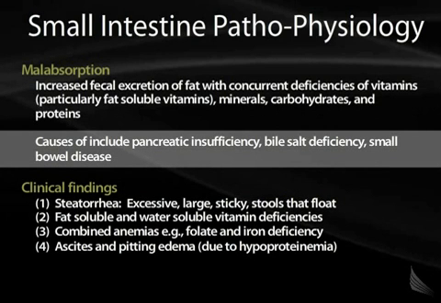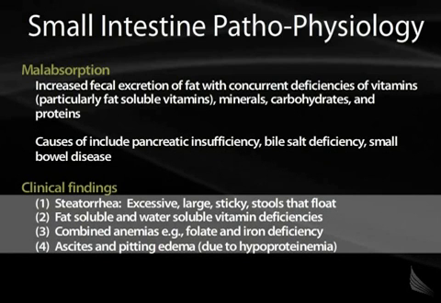Causes include pancreatic insufficiency, where steatorrhea can occur, bile salt deficiency, which results in improper micelle formation and can precipitate diarrhea, and small bowel disease. Clinical findings, as we've already discussed, include steatorrhea with excessive, large, sticky, smelly stool that floats, fat-soluble and water-soluble vitamin deficiencies, combined anemias such as folate and iron deficiency, and ascites and pitting edema.